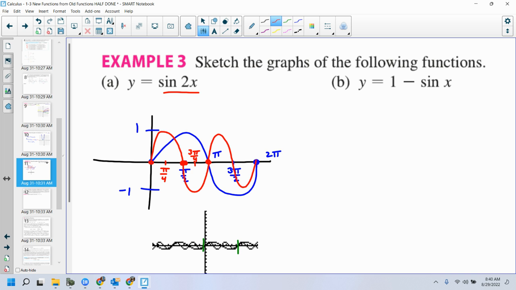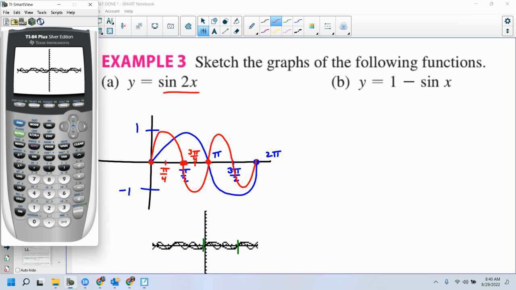Okay. If that's not what it looks like, if your graph is messed up, check one thing. Check radians. Make sure that you're in radians and not degrees, because that could throw you off. If your graph looks like this, then something is wrong, right? Very wrong.